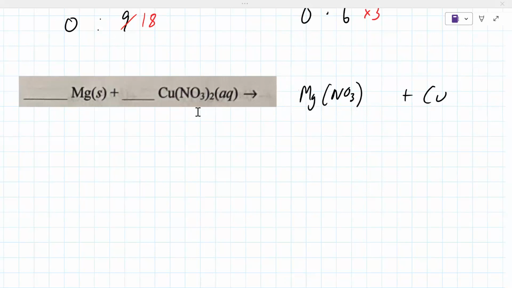And I know that that is kind of a lot of this. So for example, what's the charge on NO3? Do you know? No, I don't know. So it's -1. So NO3 is -1. So this one right here is -2 because there's 2 of them. That means copper is +2. Mg, the charge in Mg, I don't know what its charge is.